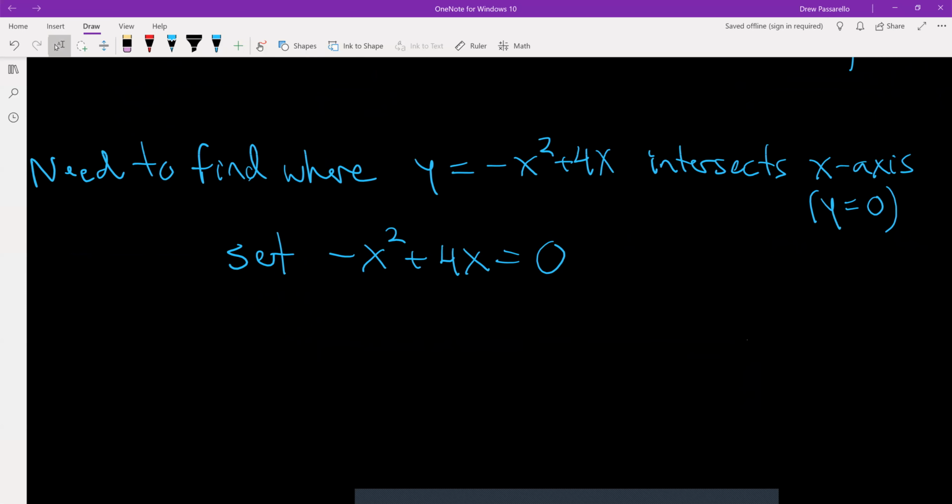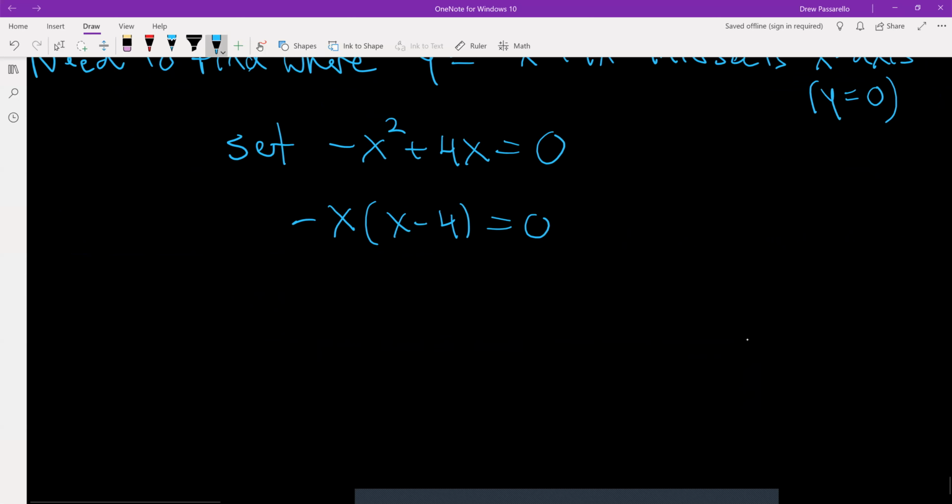I would factor out negative x, which is going to make x minus 4. And then you'd have the two cases: negative x equal to 0 means x is 0, which we already know because that was our y-intercept. And then x minus 4 equal to 0 gives us x equals 4.